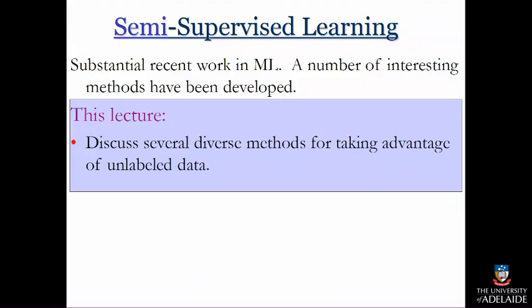Okay, so semi-supervised learning in machine learning is still a very active research topic. A lot of algorithms have already been designed, but so far it's still an open problem. Same as unsupervised learning, there's not much breakthrough in the past few years.